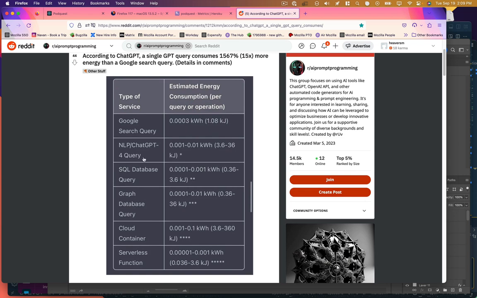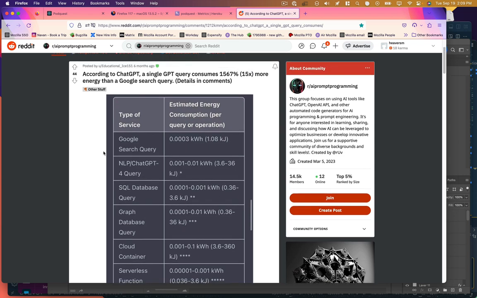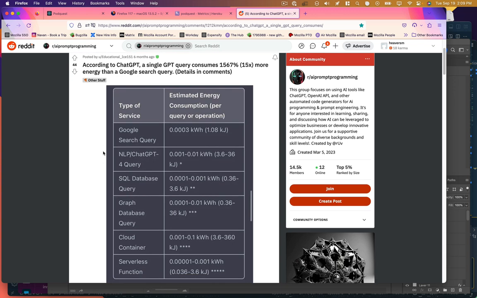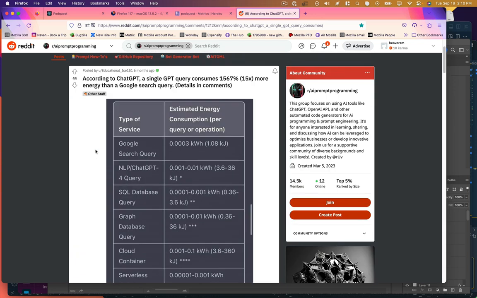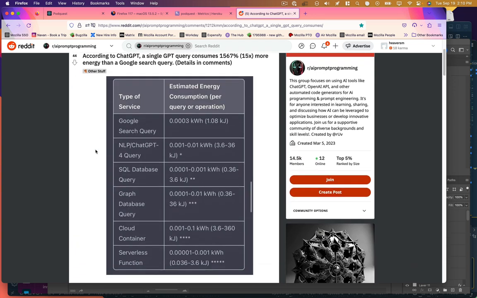It's going to be highly variable and hard to measure, but I did find a Reddit thread where they posted the different energy consumption of different services, and we do have a ChatGPT figure, which is 0.01 kilowatt hours for the average query.